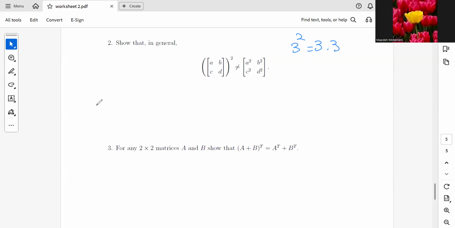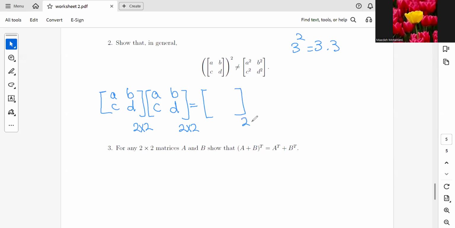In here, when we have this matrix squared, it means you should multiply them together. So A, B, C, D. Since the first one is 2 by 2 and the second one is 2 by 2 as well, the answer would be of the size 2 by 2. And we know how to multiply them together.